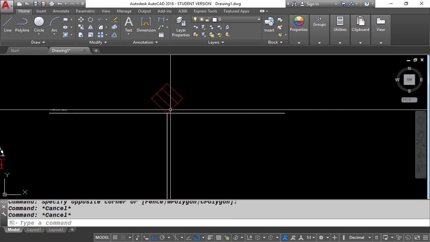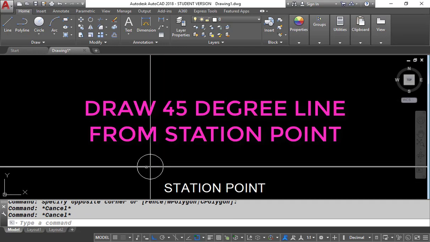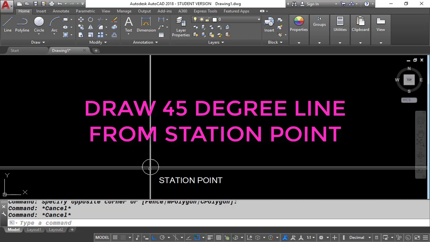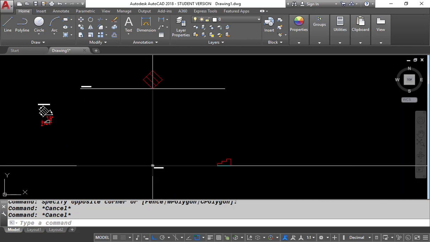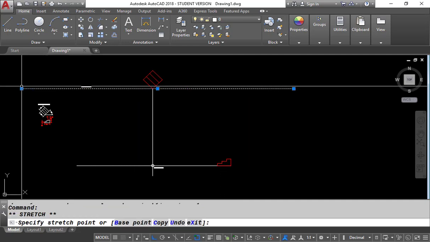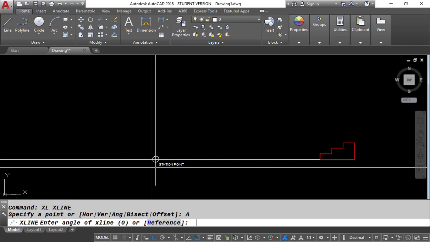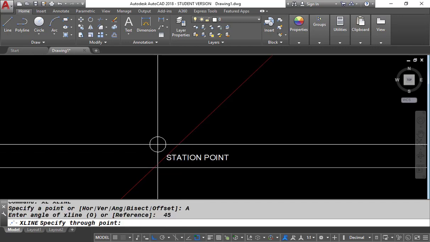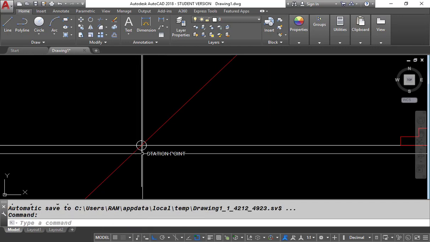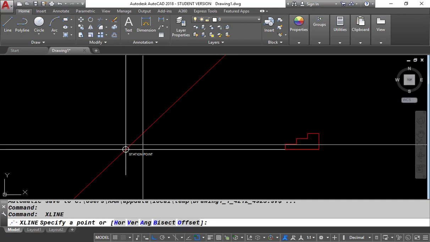Now our next step is we have to draw the 45 degree line from the station point, and it will touch the picture plane, right? So I will draw the line at an angle of 45 degree from this station point. Again I will draw the line at 45 degree.